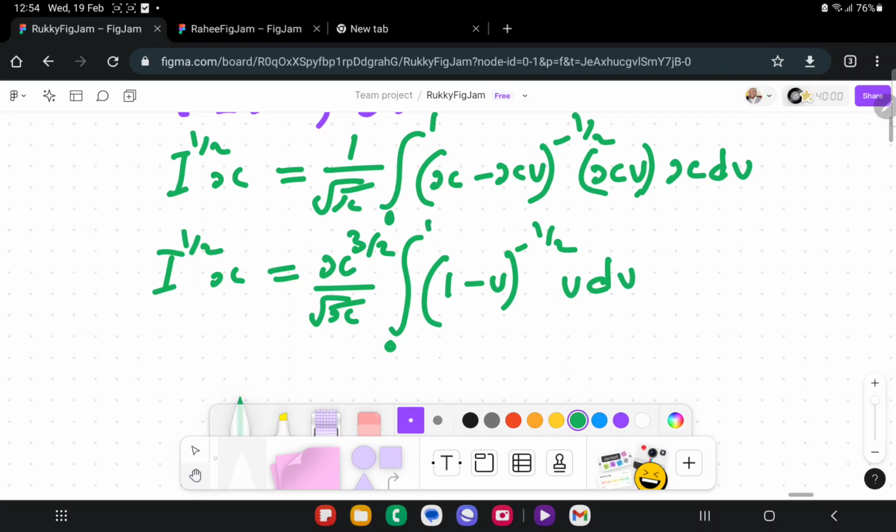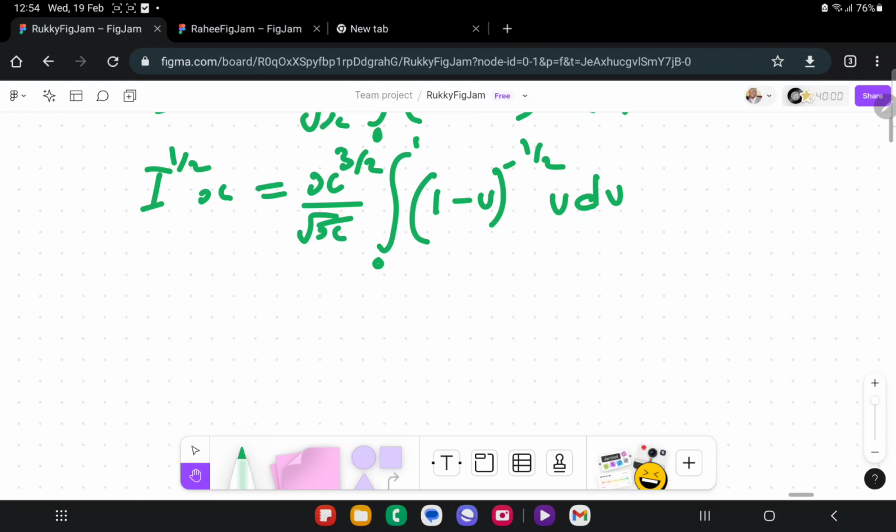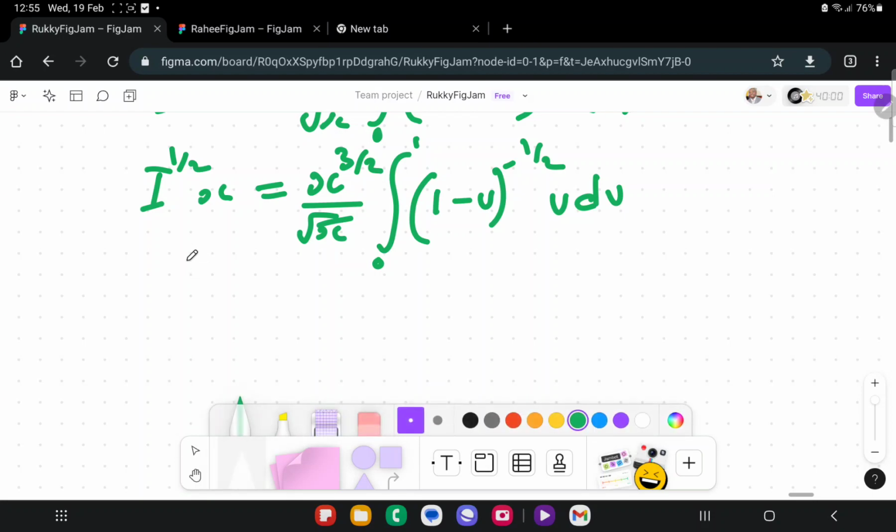Now our integral is a beta function, which makes it easier to solve. This is obviously a beta function, and it is given to be gamma of 2 times gamma of 3 over 2 all over gamma of 5 over 2. Simplifying this, the gamma function of 3 is given to be 2.